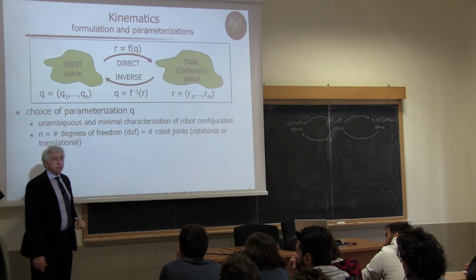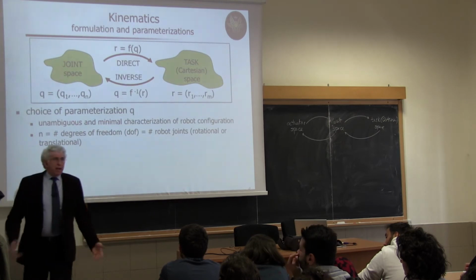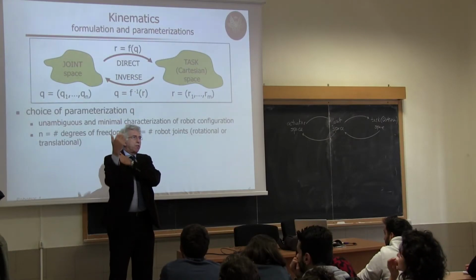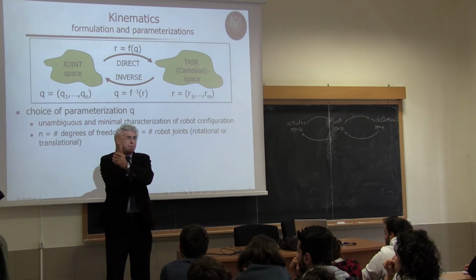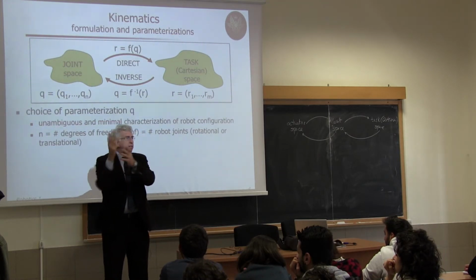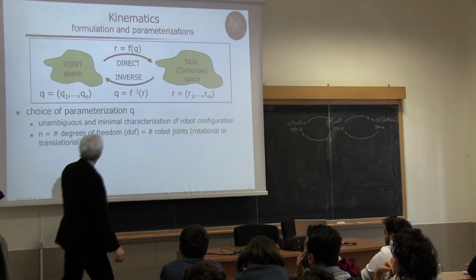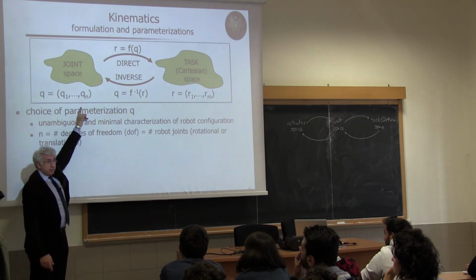So we will have an array, or a vector if you want. Here I prefer to use the term array. So q1 to qn. Intuitively, this is pretty simple. I will have one variable for my shoulder, one variable for my elbow, 3 variables for my wrist, and so on and so on. Okay? Now, it's important: how do I choose these variables?